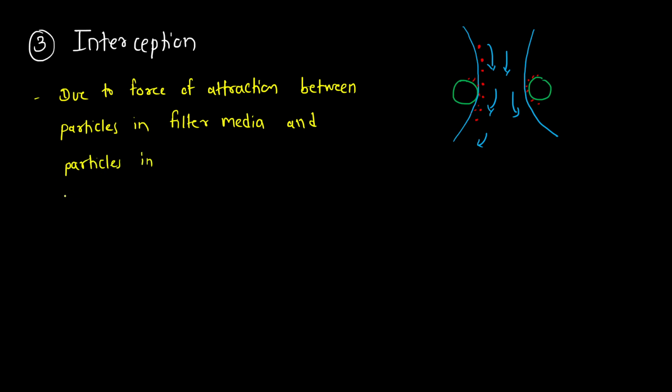They can be flock particles, colloidal, or maybe dissolved impurities. So there is a force of attraction between these particles and the particles in filter media. Due to this force of attraction, both the particles get stuck to each other.